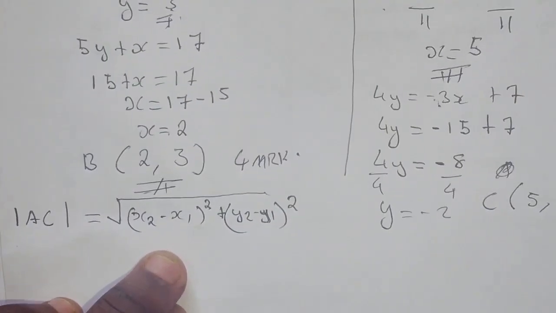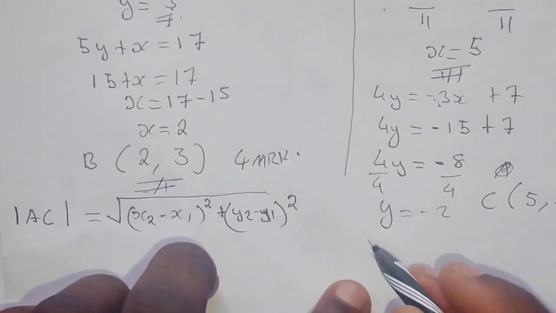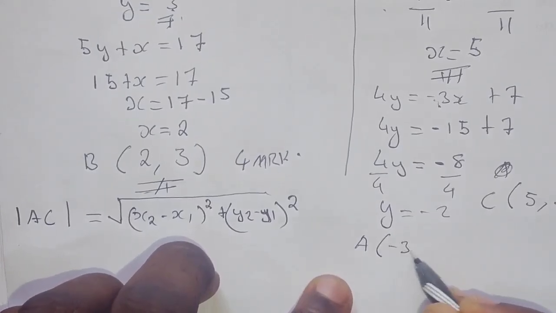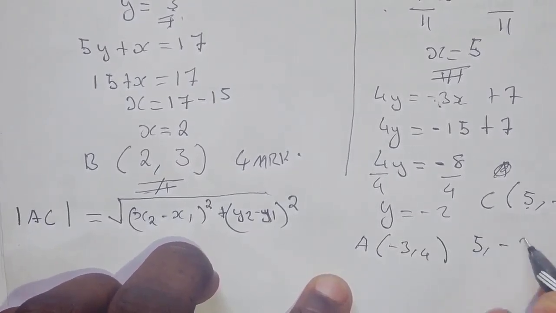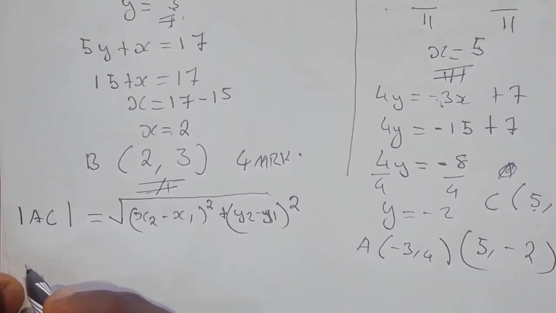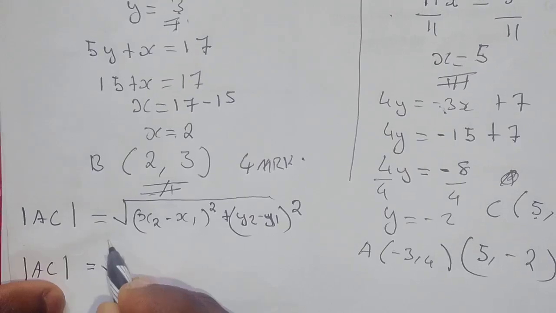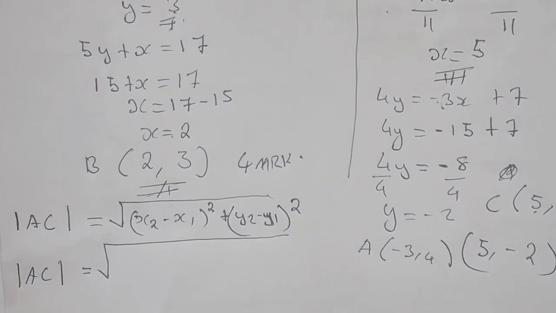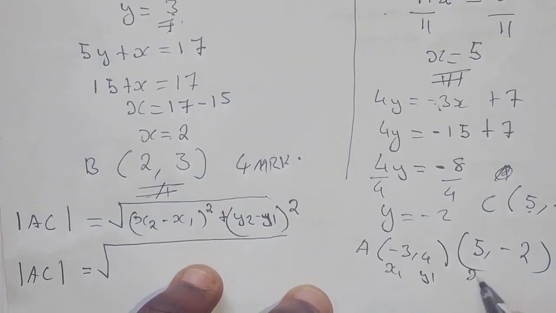So let's now write our coordinates so that we don't get confused. We have A, which is negative 3, 4, and our C, which is 5, negative 2. So the magnitude of AC is equal to the square root of, and let's label this x1, y1, x2, y2.